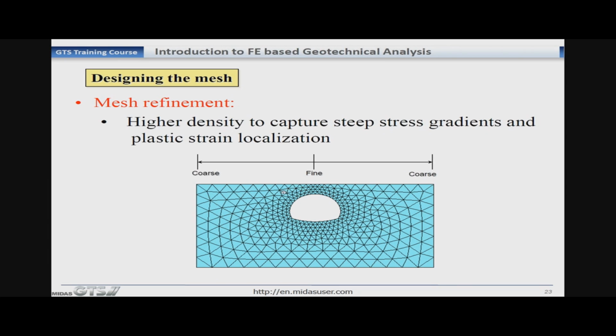I'll do the fine meshing near the tunnel opening, and as I move out from the tunnel opening, the meshing should be coarser. So where the stress change is very great, is very steep, I need fine meshing, and as I move away from the location of the stress localization, I can have coarser meshing.